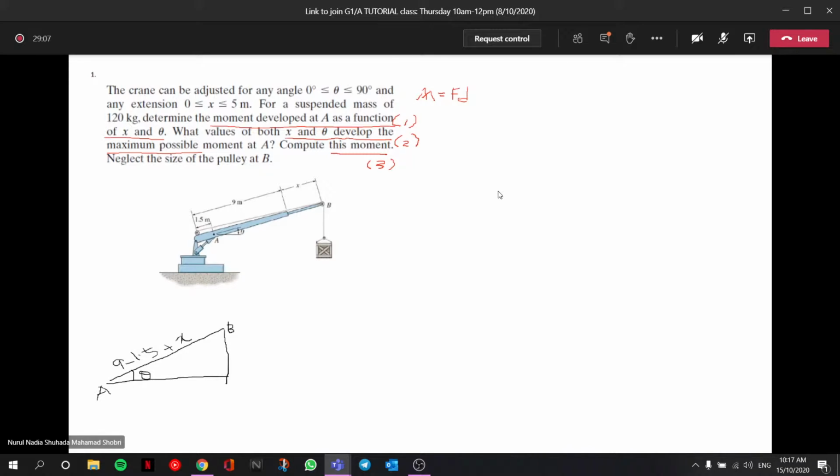Because as you can see from the diagram, the A actually started after the 1.5 meter. So that's why you have to minus 1.5 meter. And here is the D, the distance that is perpendicular to the force. So this is where your force is. Okay.